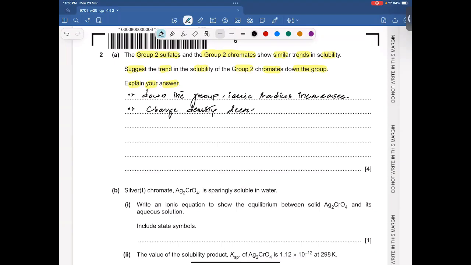Group 2 sulfates and carbonates can be explained on the basis of lattice energy and hydration enthalpy. And both lattice and hydration depend on charge density, and both lattice and hydration are exothermic in nature. So when charge density decreases, both lattice energy and hydration enthalpy decrease.